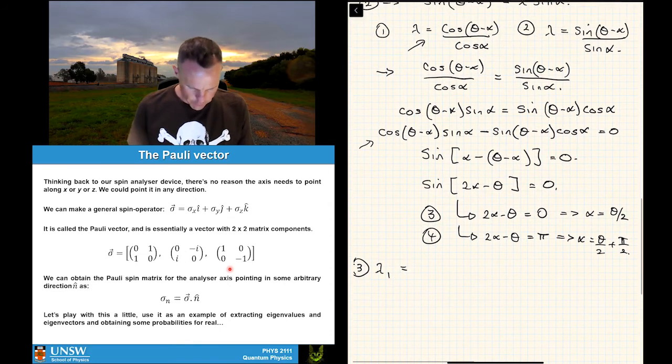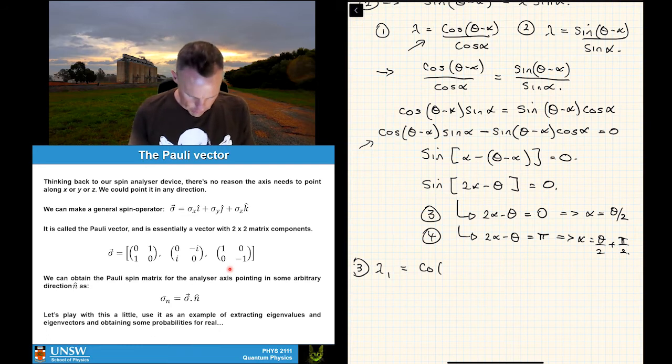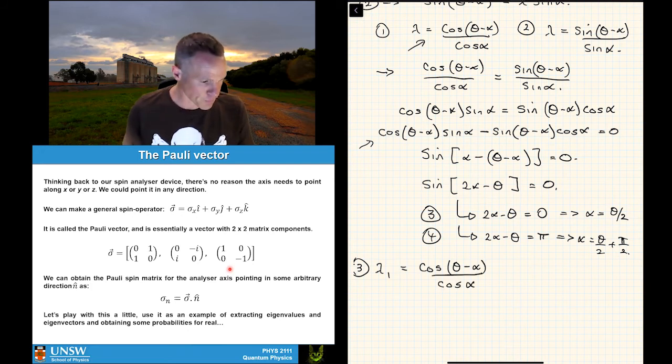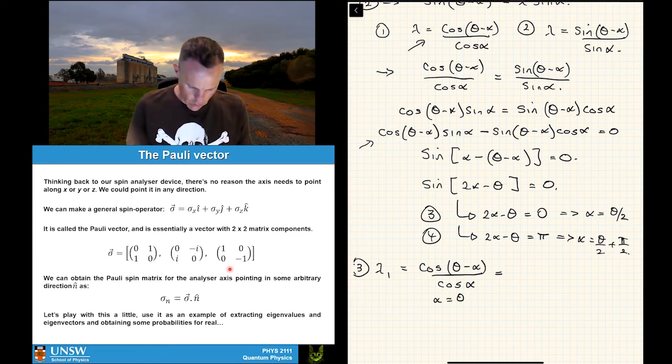Okay, so our first one will be cos theta minus alpha on cos alpha. And we can now pop in here and make this for the case where alpha equals theta on 2.